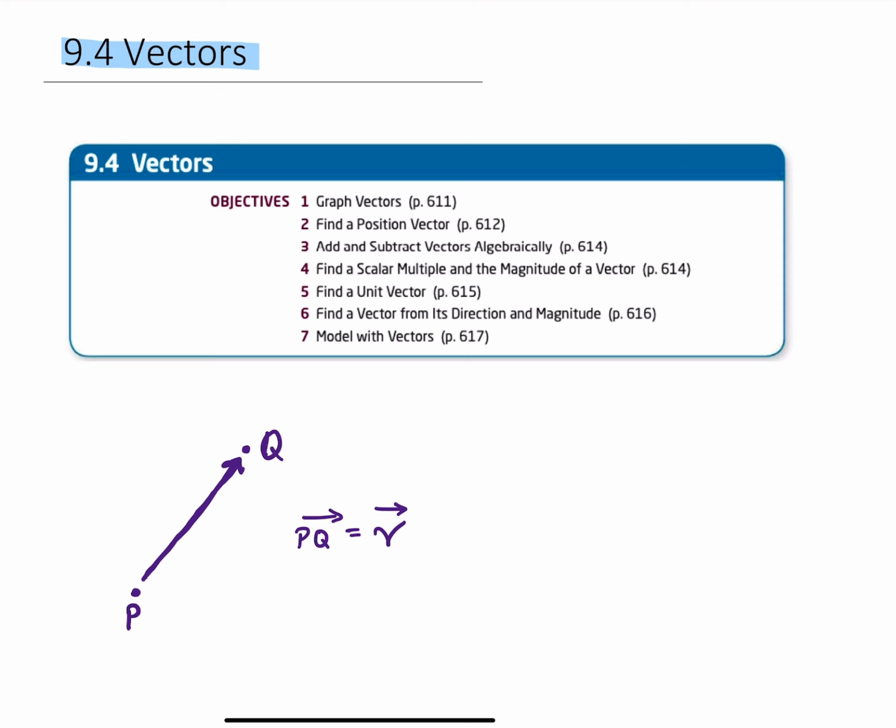So I'll be using this arrow notation. So we can say this symbol will mean our vector V. And we can describe a few properties of this vector. One is what's called the magnitude, which we use this, it looks like a double absolute value symbol.